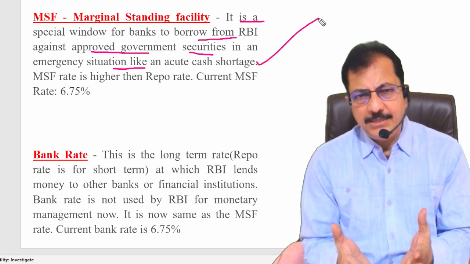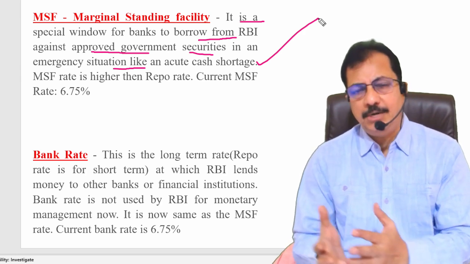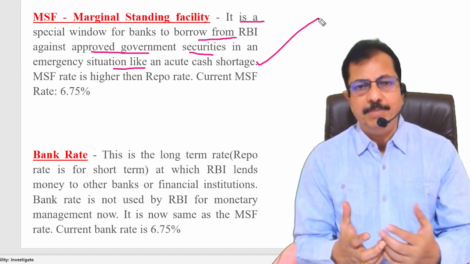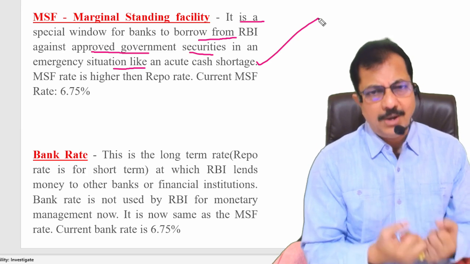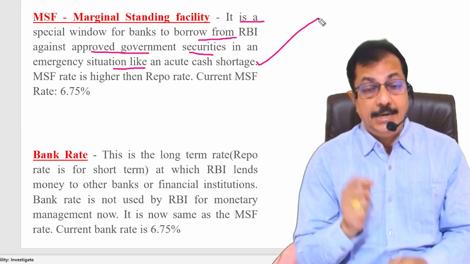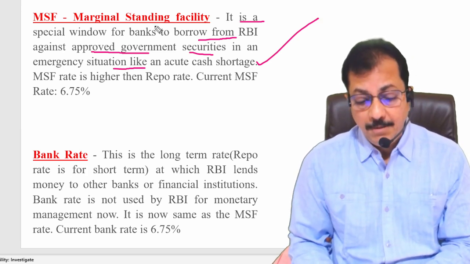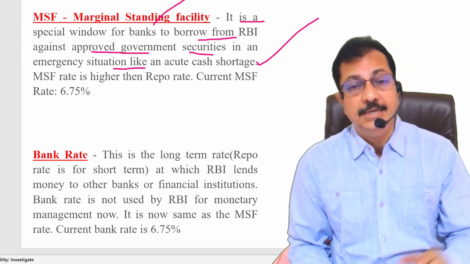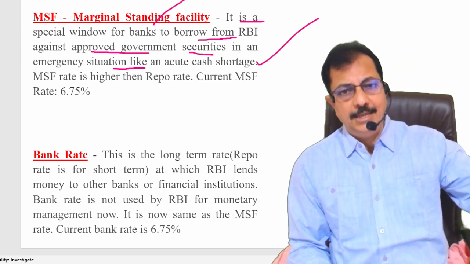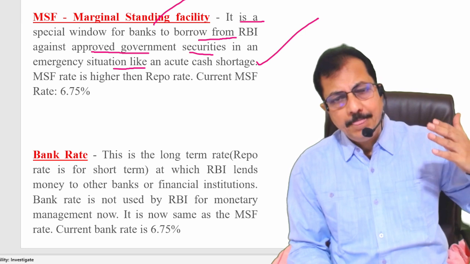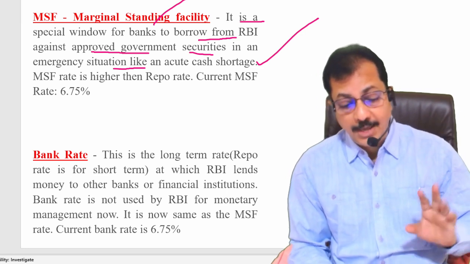So we need money urgently. The bank has to send money into the market. The bank has no money, but needs it urgently. Overnight it requires money, and that facility is called marginal standing facility, where banks take a loan from RBI overnight.